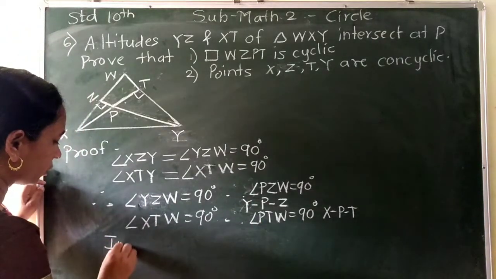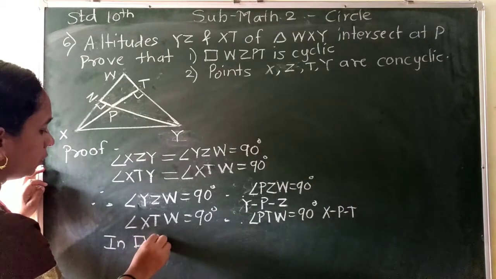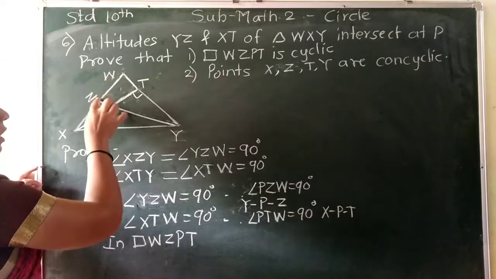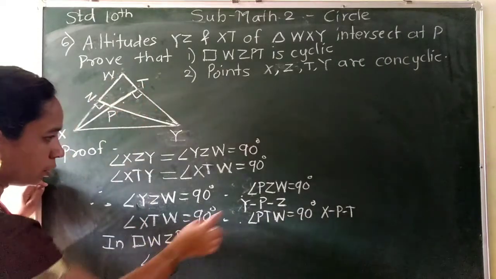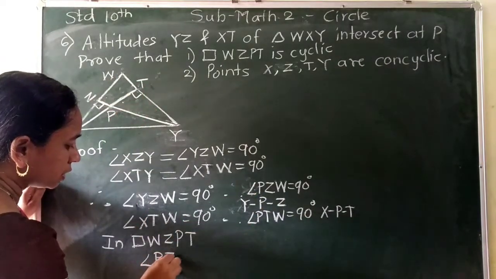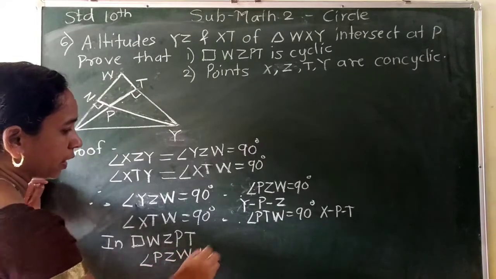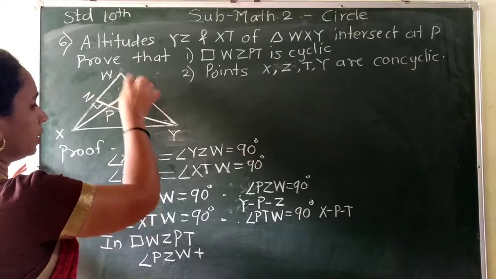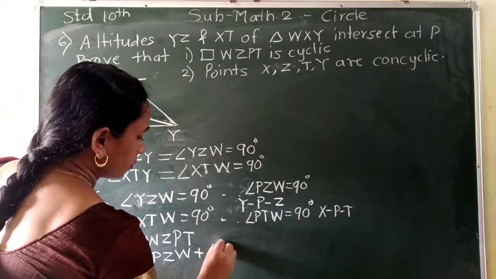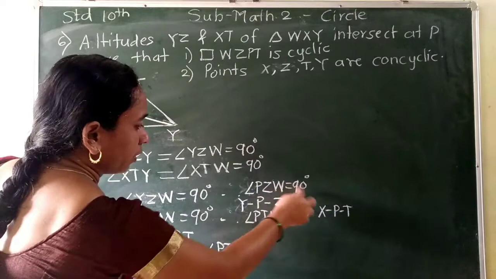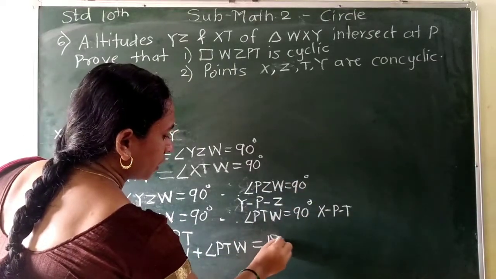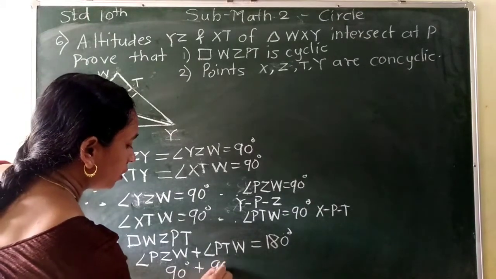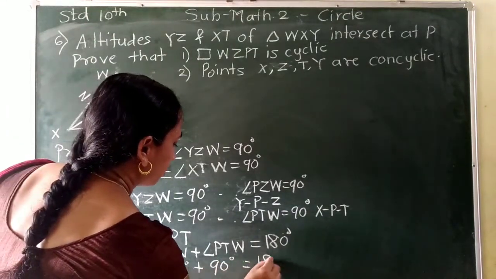So in quadrilateral WZPT, we have this angle PZW, which is 90 degrees, and if I add angle PZW and angle PTW, these two are 90 degrees each. So I'll get the sum 180 degrees, because 90 plus 90 is 180 degrees.